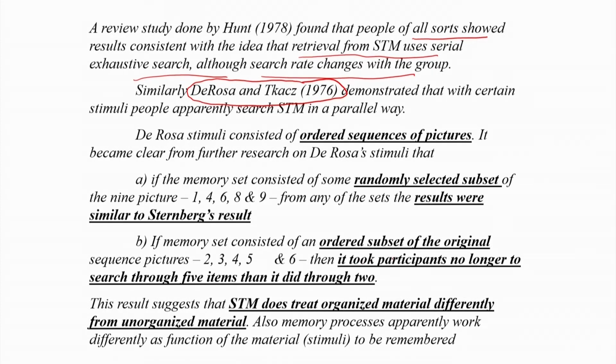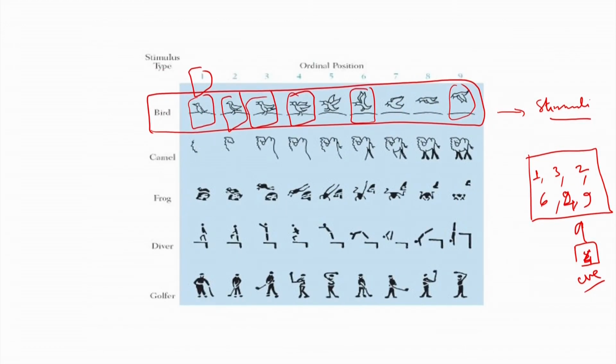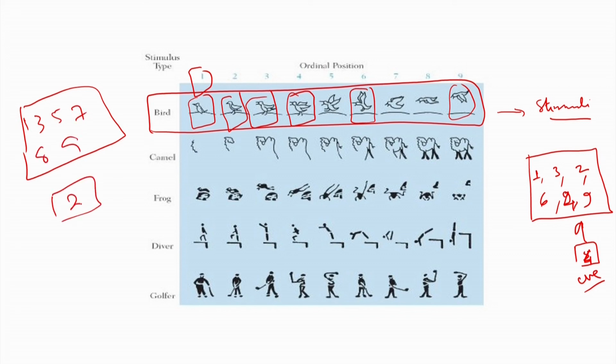But interestingly, if an ordered set is used, instead of this kind of random sequence, if I take positions number 1, 3, 5, 7, 8 and 9, and I ask you to find whether 3 is present here or not, parallel search exists.